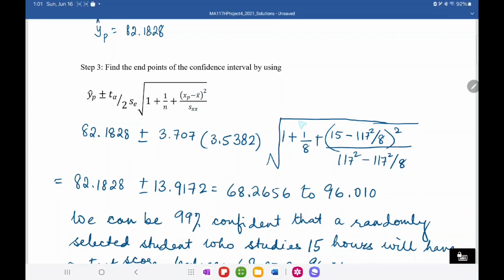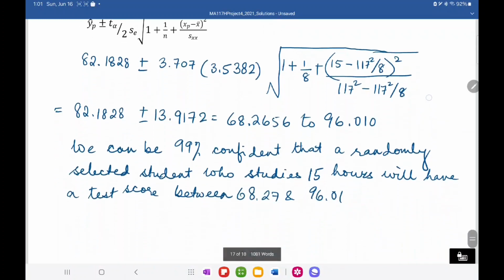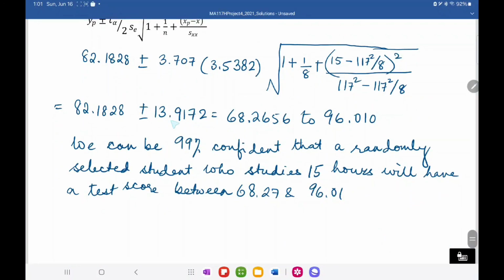So here is the complete calculation, and we obtain a margin of error of 13.9172, and the confidence interval evaluates to 68.2656 to 96.010. And then we have the interpretation up here. We can be 99% confident that a randomly selected student who studies 15 hours will have a test score between this interval given here. So state your interval, right?